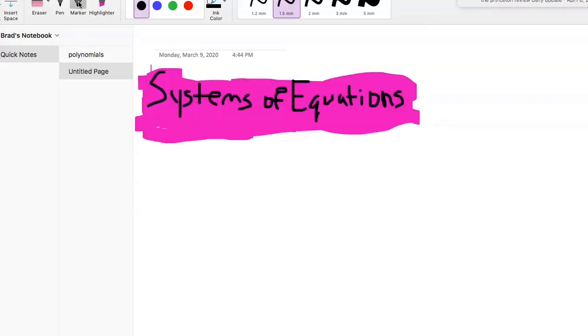Now for the second one, we have a little bit trickier. 4x plus 2y equals 136.